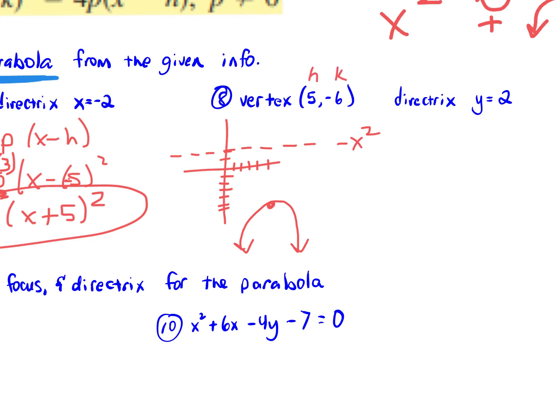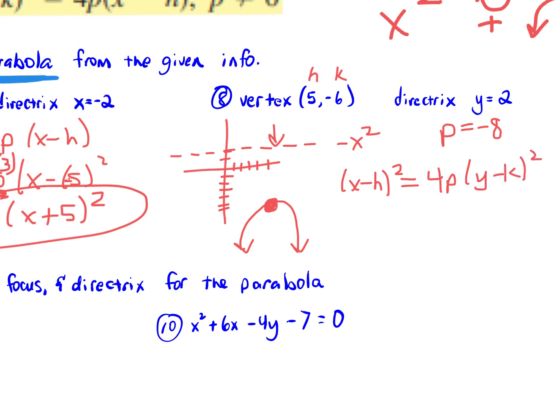Now I'm going to figure out how far away the directrix is from my actual center. If my vertex is here and the directrix is up here, how many spaces away is that? Well, negative 6 to positive 2 would be negative 8. Your p is going to be negative 8, and the reason it's negative is because your parabola is opening downwards. So you have your formula of x minus h quantity squared equals 4p times y minus k.